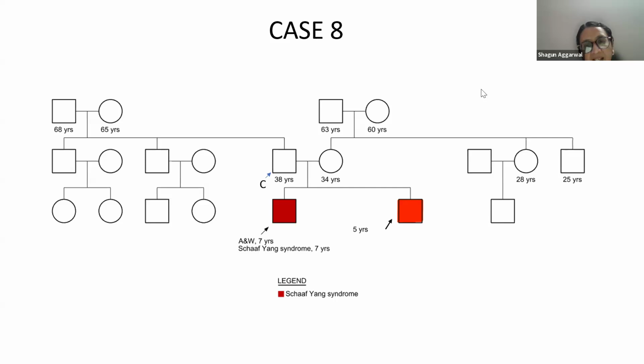We call this phenomenon gonadal mosaicism. So in this case, parents are healthy, but their two or more children have the same autosomal dominant disorder because the mutation is there in the gonad of one of the parents. This is commonly seen for conditions like osteogenesis imperfecta type 2, which we see in the prenatal settings.